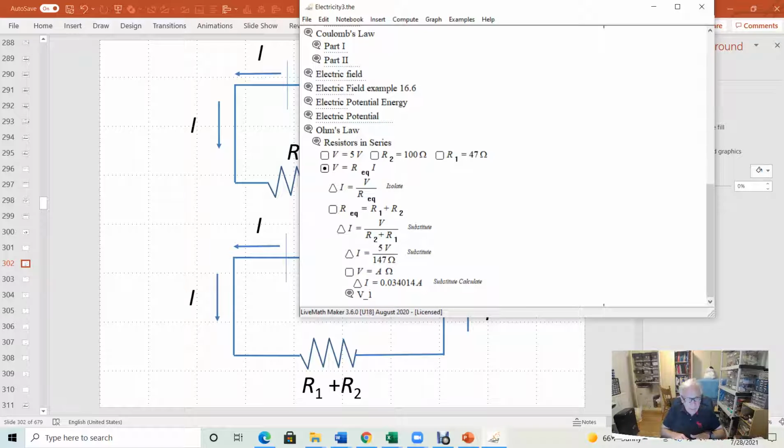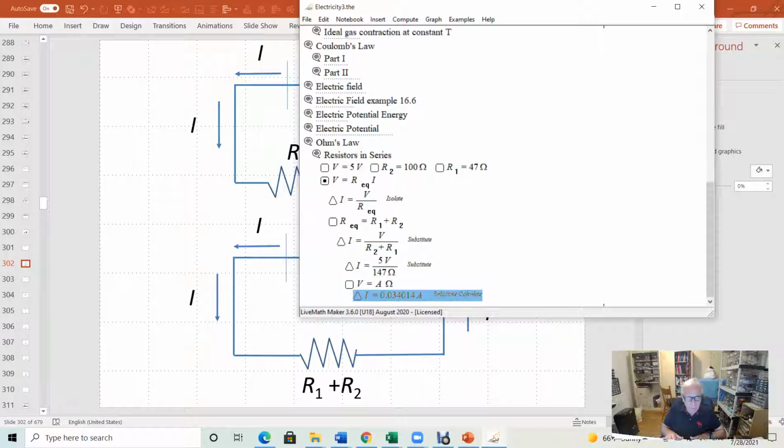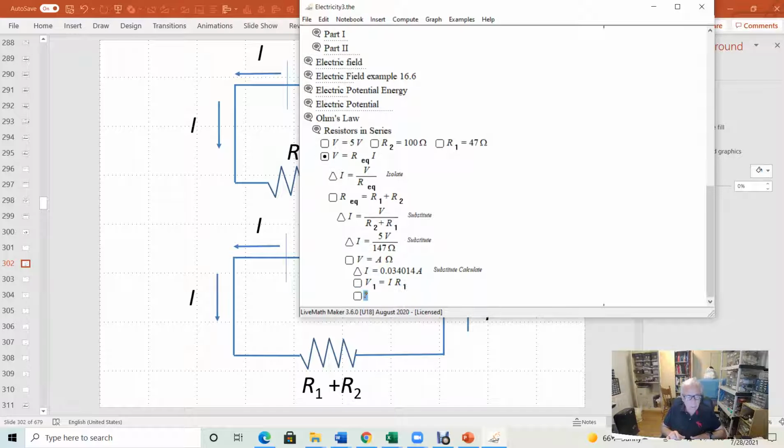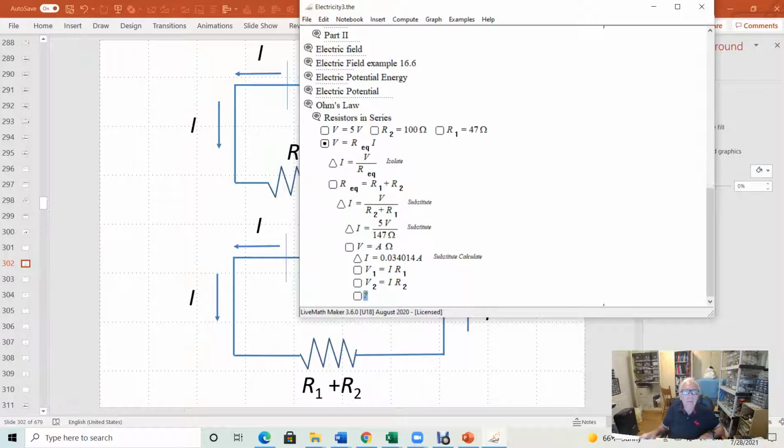V1, the book calls that delta V1. I prefer V1. V1 is I times R1. V2, which we do not know, is I times R2. Let's go calculate that. R1 I. Here you go.